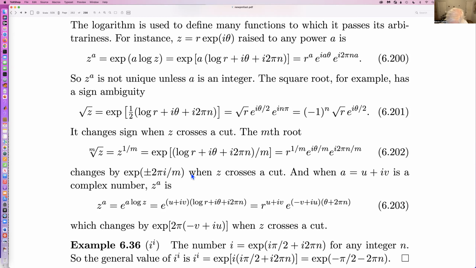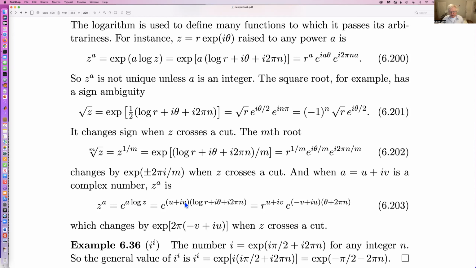Now, to make matters worse and more confusing, we can say, well, how about letting this a be a complex number, u plus iv? So then z to the a is e to the a log z.